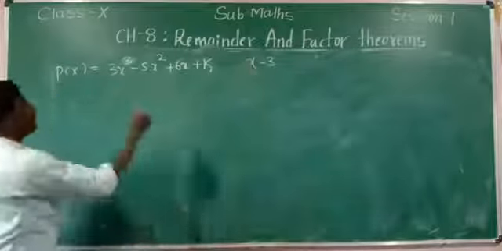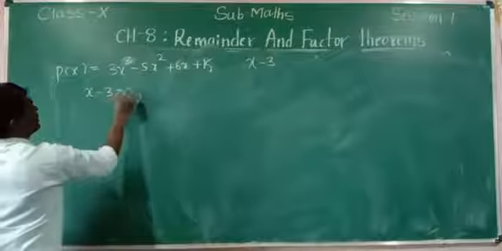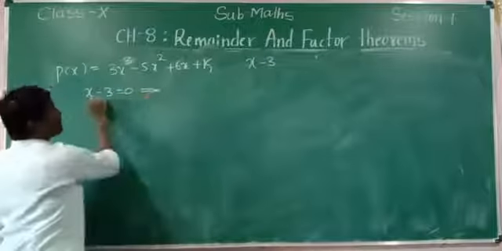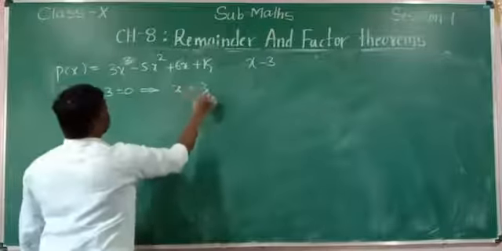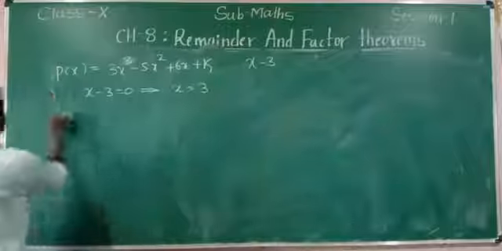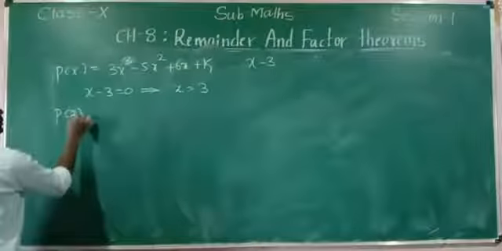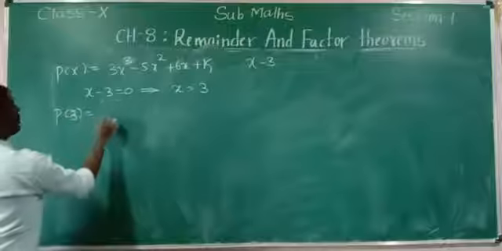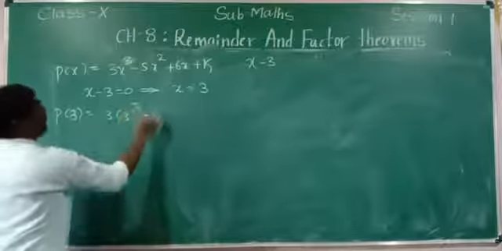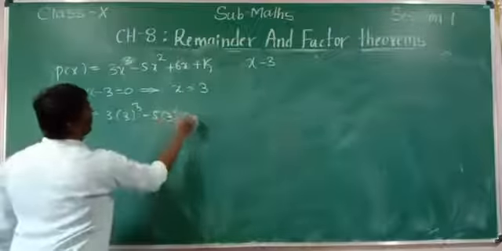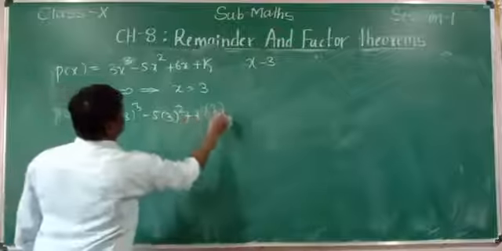The whole expression is divided by x minus 3, which means x minus 3 is equal to 0, then x is equal to plus 3. Substitute the x value in the expression. P of 3 is equal to 3 into 3 cube minus 5 into 3 square plus 6 into 3 plus k.